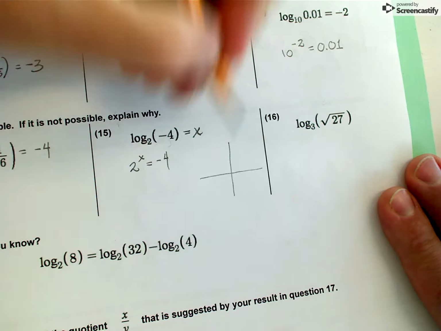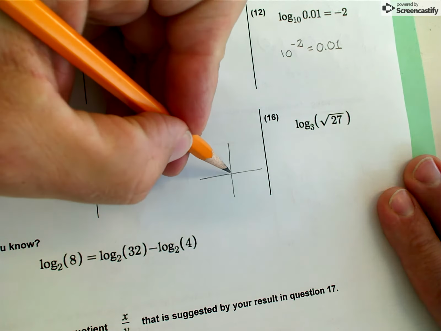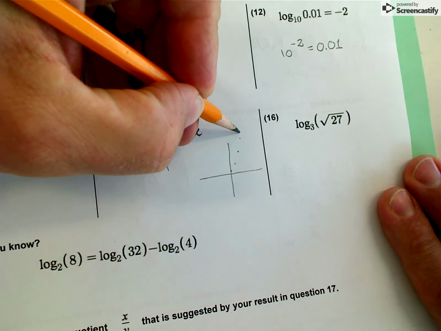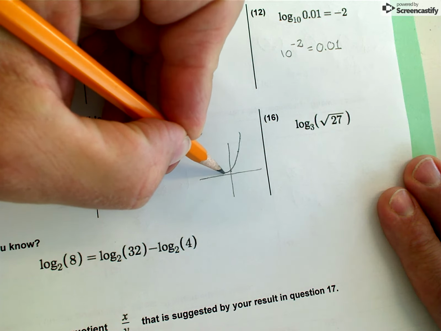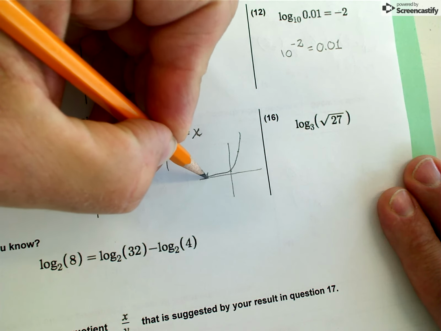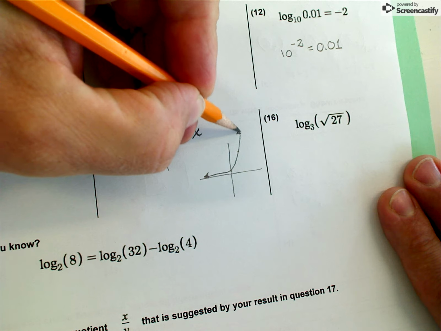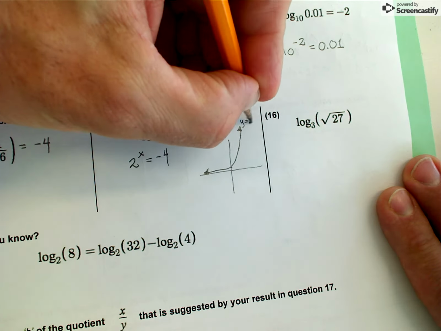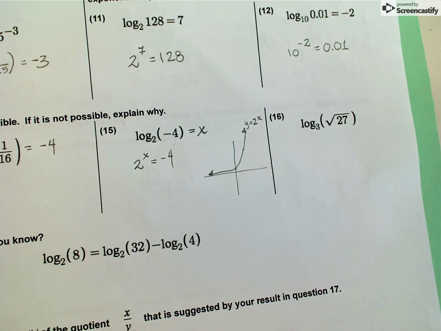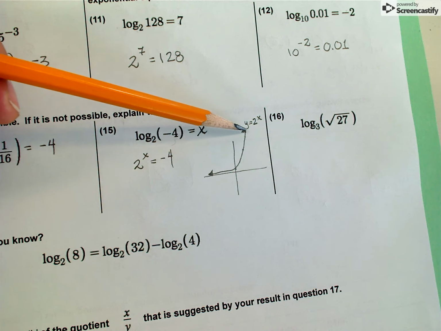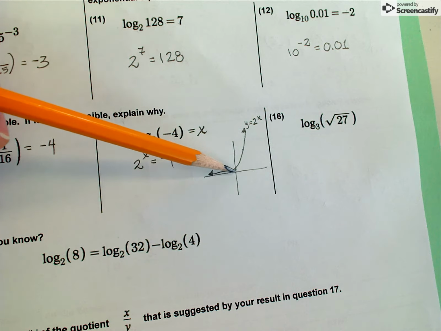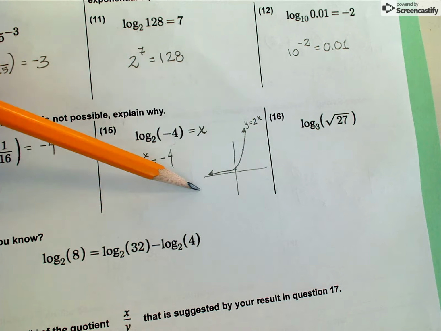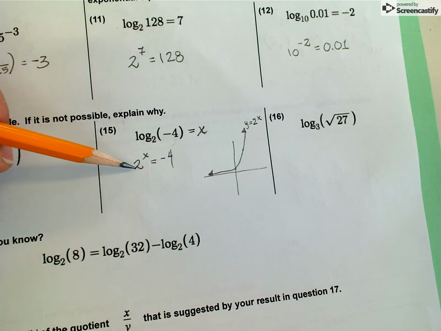You'll recall from the graph of 2 to the power of x that we get this curve that approaches the x-axis, but it never touches or crosses the x-axis. So if this is the graph of y equals 2 to the power of x, you can see from the graph that 2 to the power of x will never cross the x-axis and be negative. So there's no way that y will ever be negative.